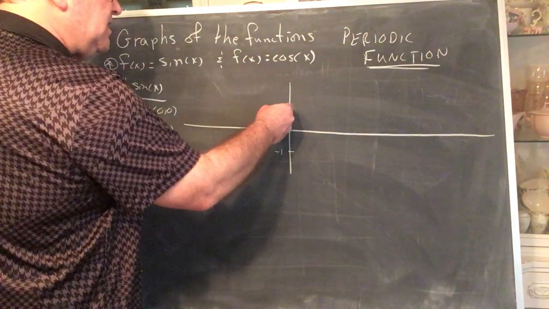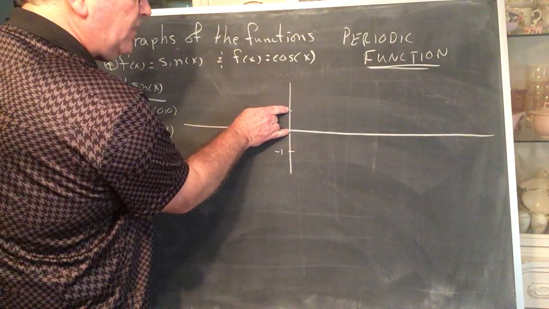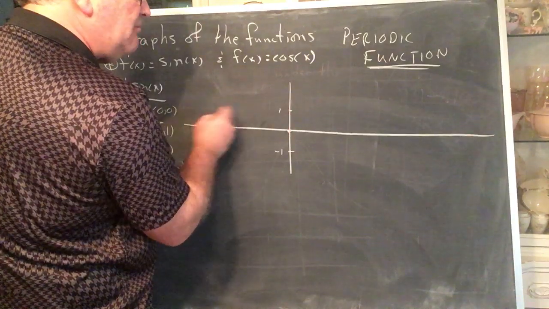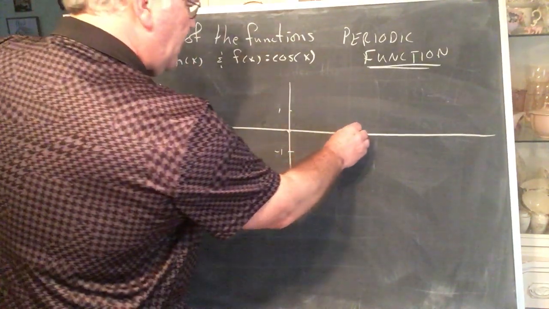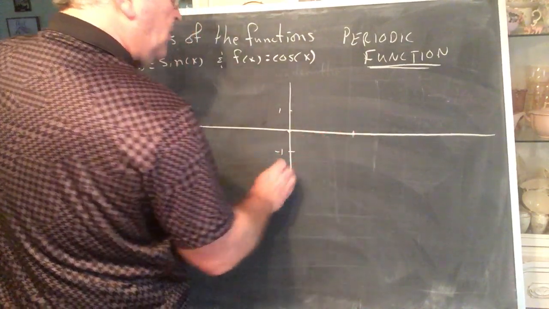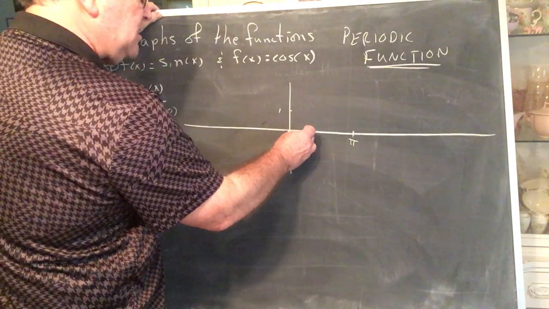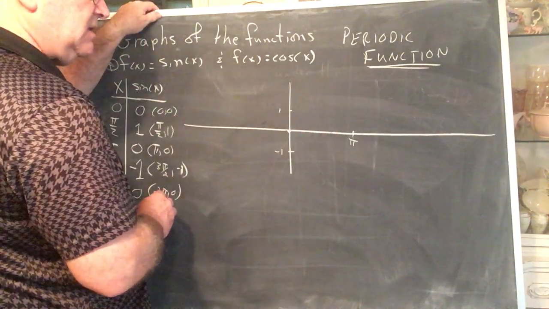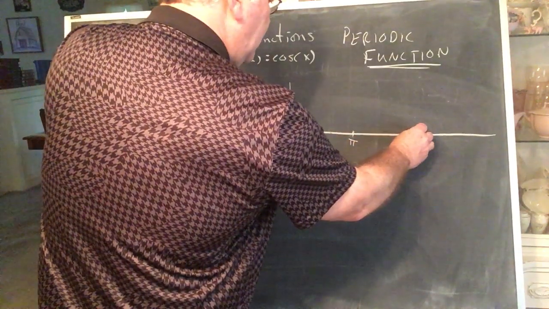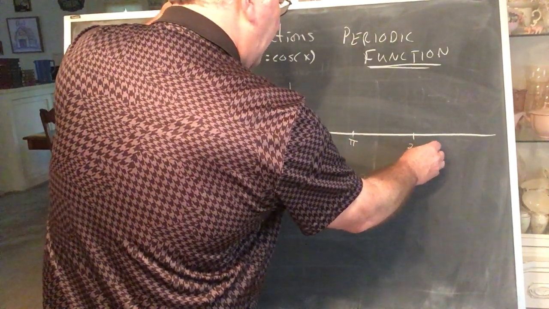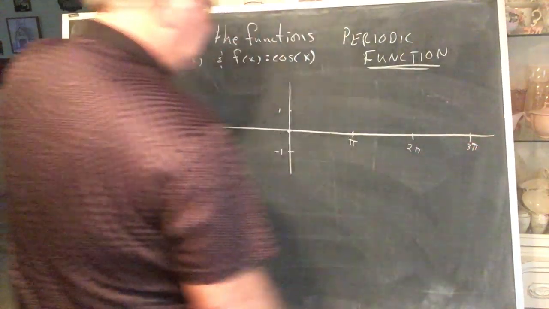So if this distance is 1 unit, pi is slightly more than 3, so I'm going to call about 3 units, a little bit more, pi. Well, if that's 1 pi, then this is now 2 pi, and then this is 3 pi, and so on.